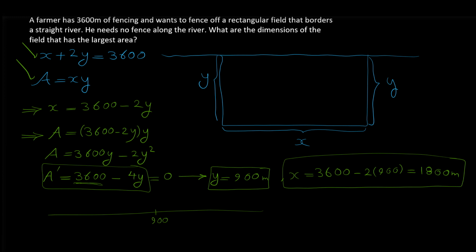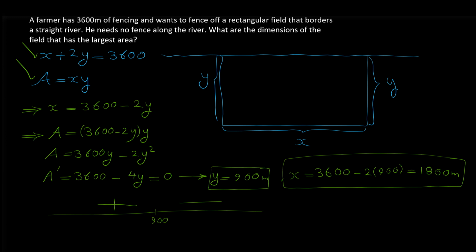So the derivative is positive for values less than 900. And if we use another test point for values bigger than 900, like 1000, 4 times 1000 would be 4000. 3600 minus 4000 is negative 400. So the sign on the right side would be negative.